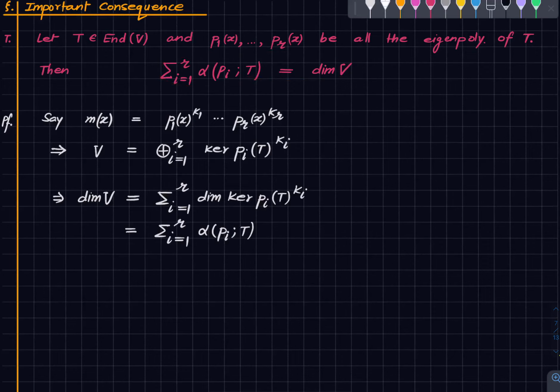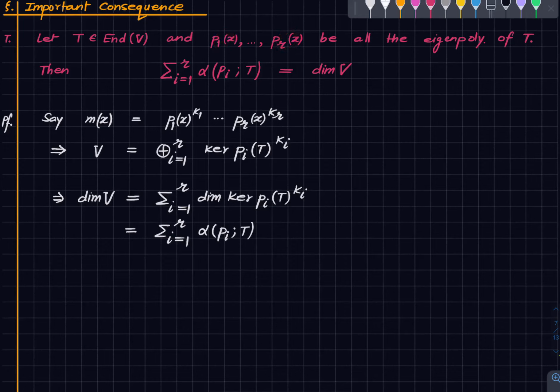All right. So what you can do is, for now, just think about what this says if the vector space V were a complex vector space. Then eigen polynomials are essentially just the same as eigenvalues, because there will be no degree 2 irreducible polynomials. So these are all degree 1 polynomials, and hence they are essentially just eigenvalues.